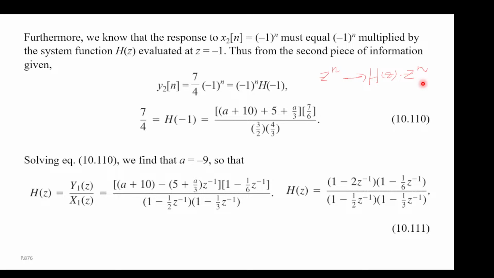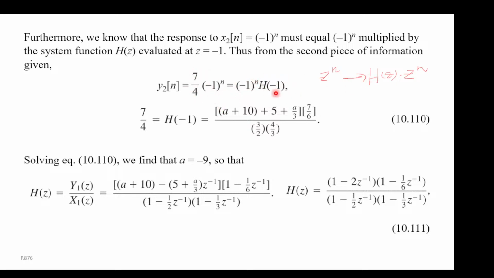And so we see that x2 actually has this form z^n, with z equal to minus 1. So we know (-1)^n should transform to H(-1) times (-1)^n. And that indeed checks out, since y2[n] is also something times (-1)^n.